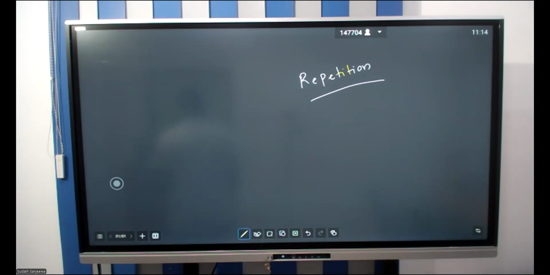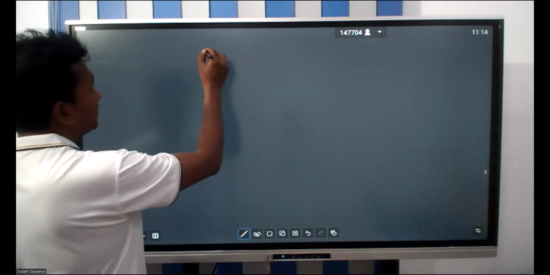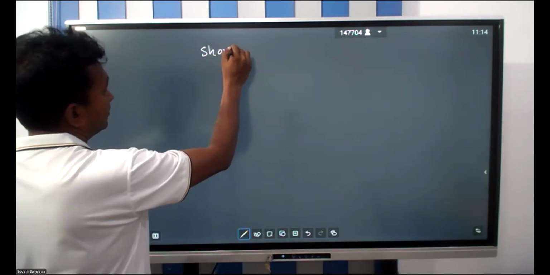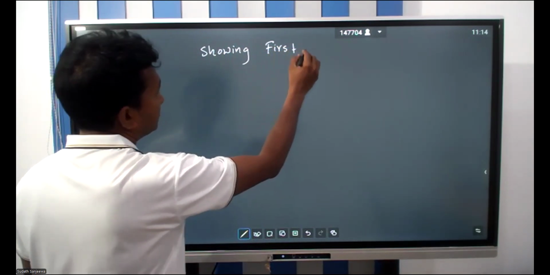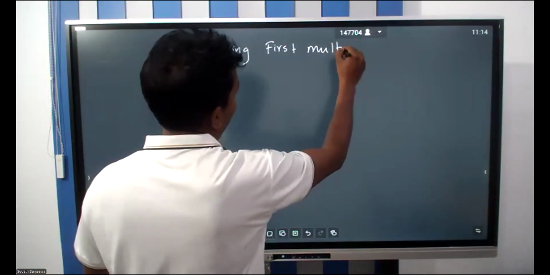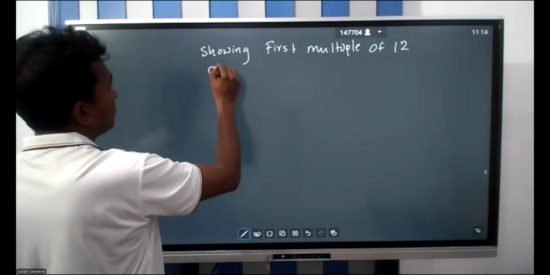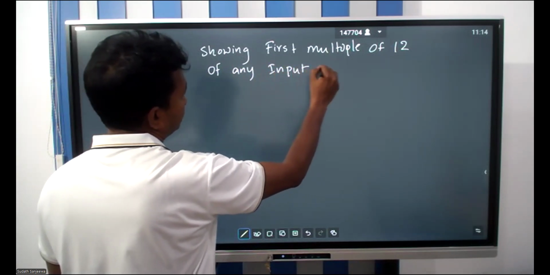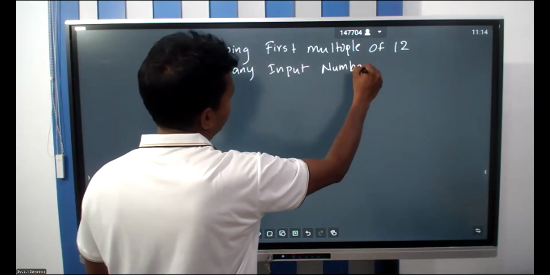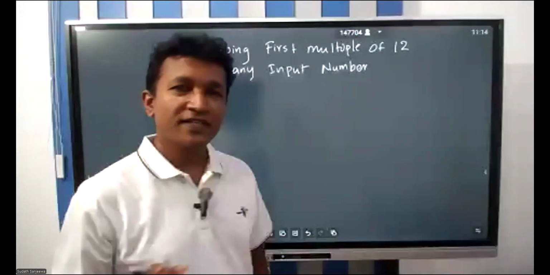That is showing first multiple of 12 of any input number. This is the question, right?